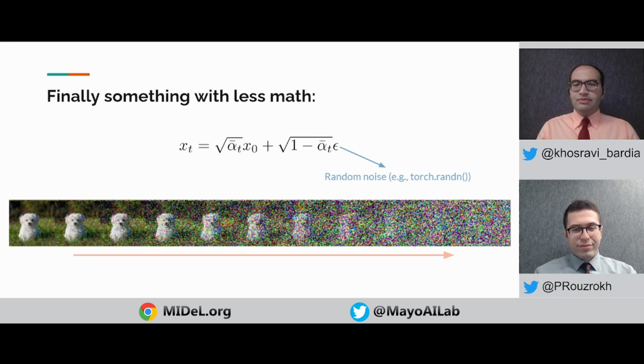You add it to your image with different coefficients as described, and you will end up with the noisy image at step t. So you can simulate going from step 0 to step 10, 100, to 10,000, whatever, without going through each individual step. The math behind this is a bit confusing, but we will provide resources so we can go through and understand it better. But this is the gist of that.